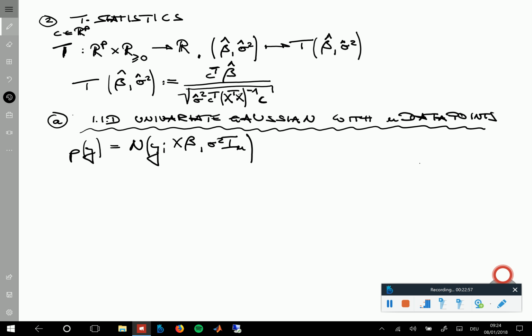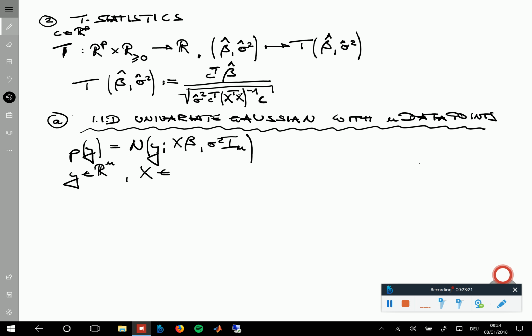Now, we always have n data points, so our Y is an n-dimensional vector, and then the question is what is X for sampling a univariate Gaussian. So now, any suggestions?